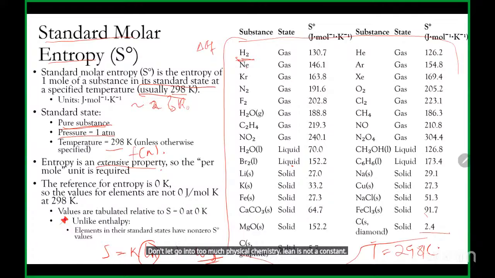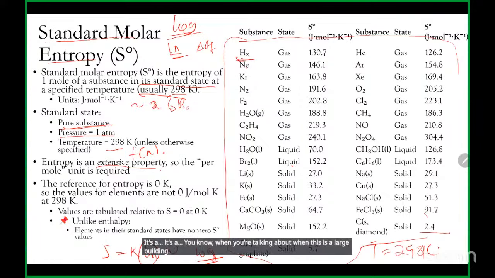Ln is natural log, the same thing as writing log of something. K is a constant, ln is not a constant. It's when you're talking about indices and logarithm.